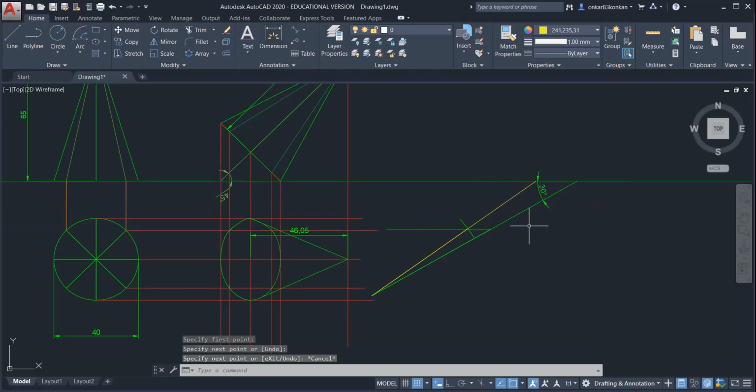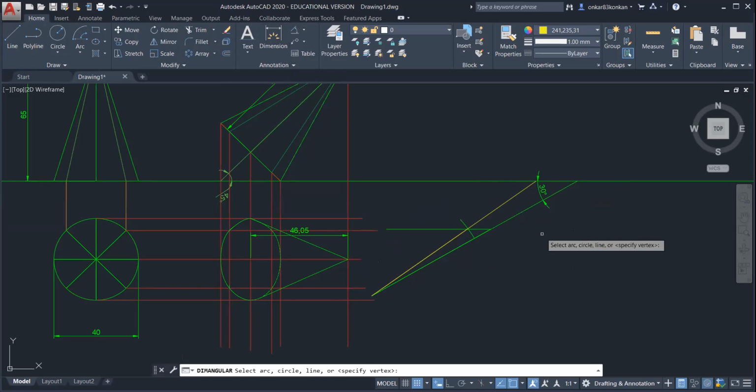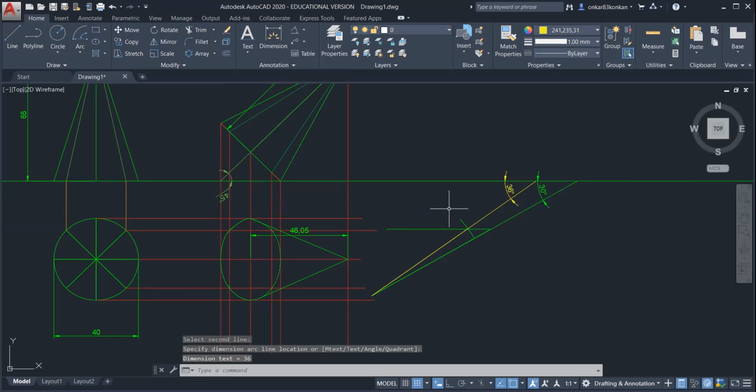If you observe this inclination, this is not 30 degrees, it will be more than 30. So it is approximately 36 degrees. So this is the apparent inclination, that is beta. And this inclination is visible in the actual top view. Now draw the second stage top view on this line.